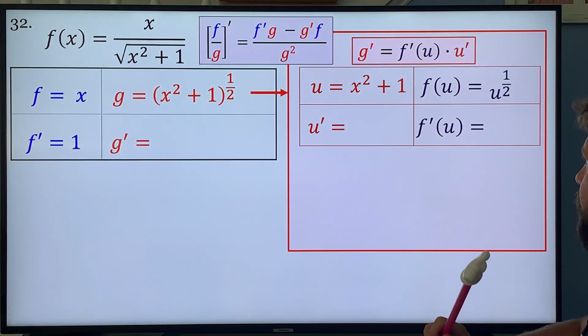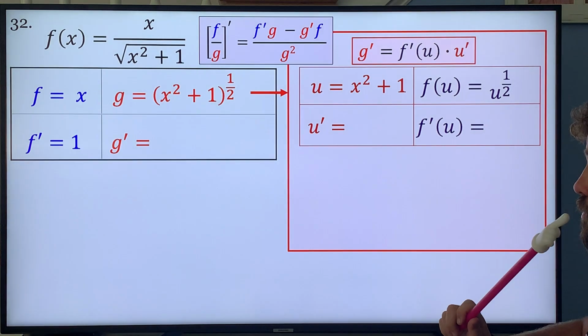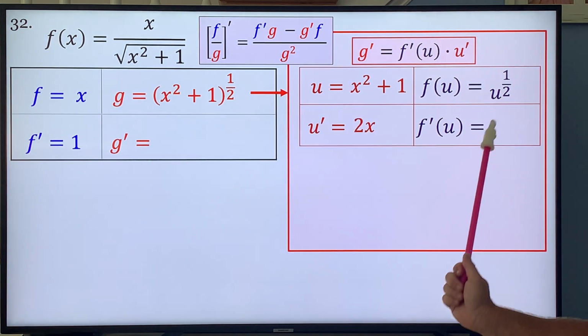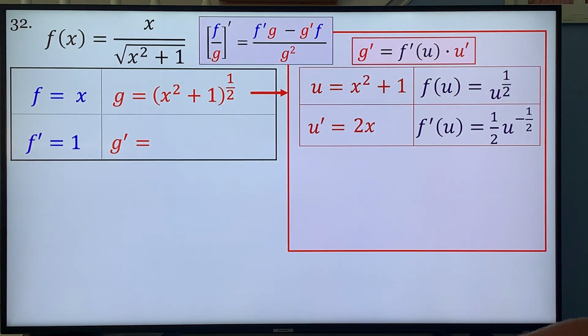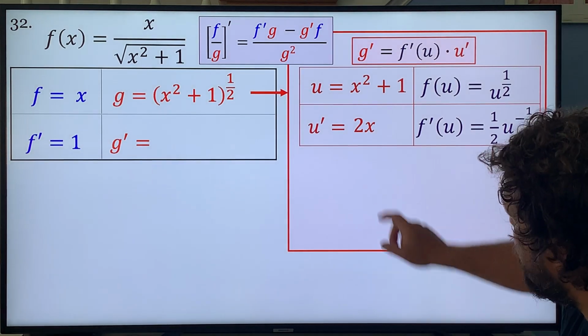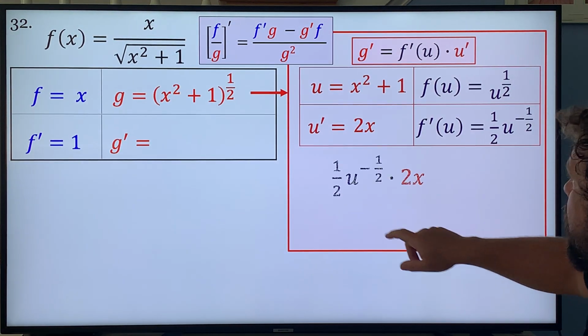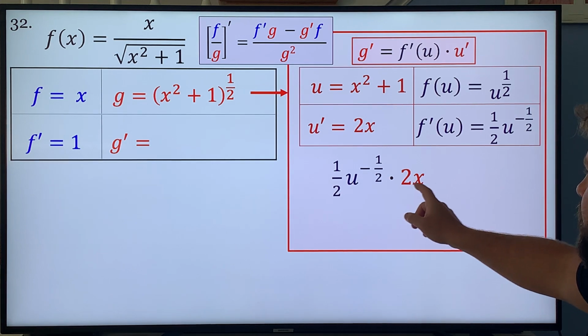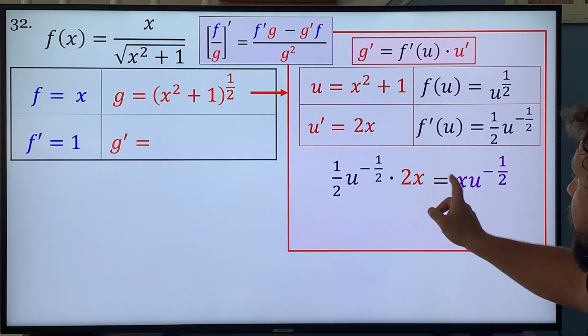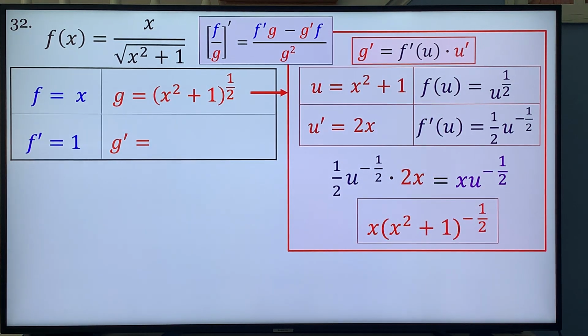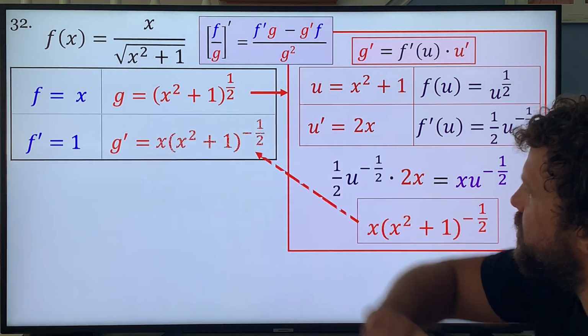F of u is u to the 1/2. U prime is 2x. F prime u is 1/2 u to the negative 1/2. U prime times f prime u. Half of 2x is just x, so it's x times u to the negative 1/2. X times x squared plus 1 to the negative 1/2, which is my g prime.